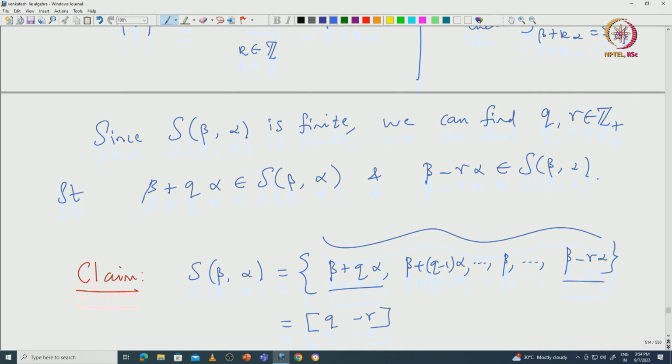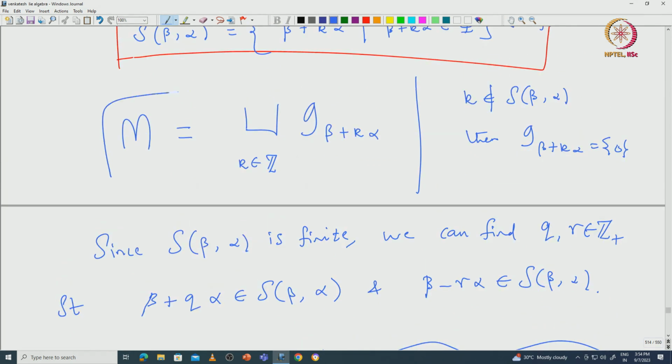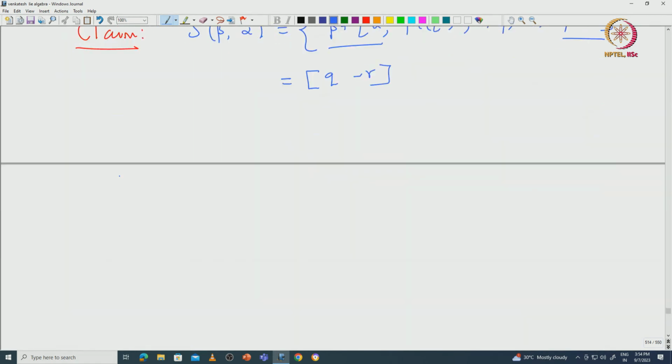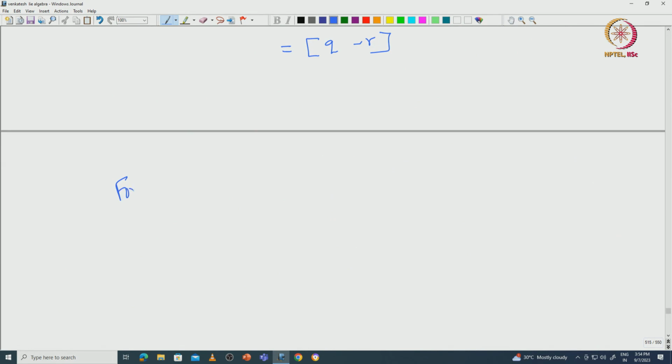For this purpose we need to understand the structure of the SL2 module M. Note that if we take this M, let us compute all the H alpha eigenvalues. For x inside g beta plus k alpha, we can see that H alpha x will be exactly equal to beta plus k alpha of H alpha times x.